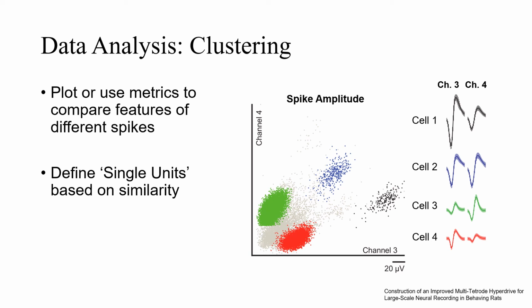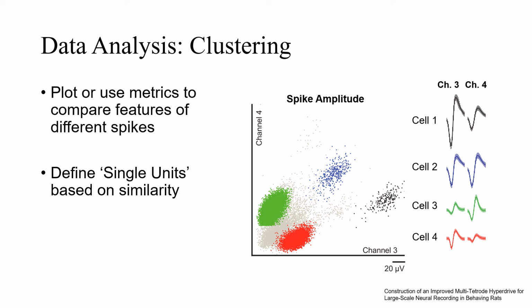All 4 of these neurons are near the 2 channels, but show different amplitudes and shapes, which can be seen in these plots. Each dot represents a single spike, and they are colored based on which cell they are estimated to belong to. Gray dots represent spikes that cannot be easily classified or are noise.